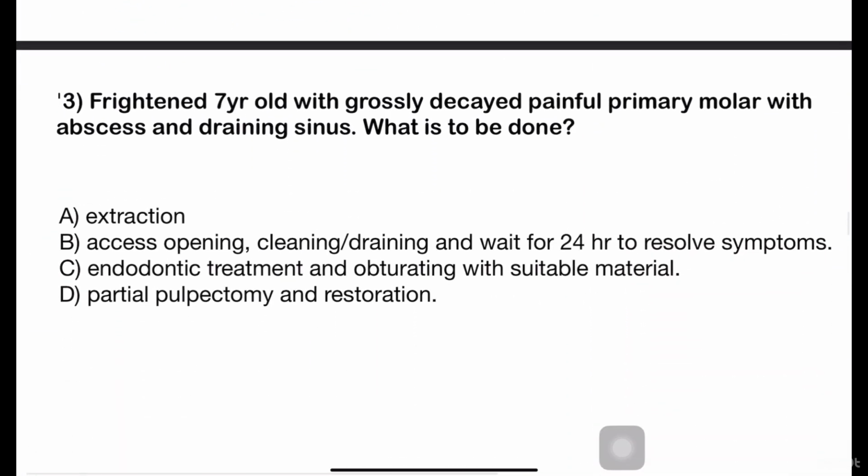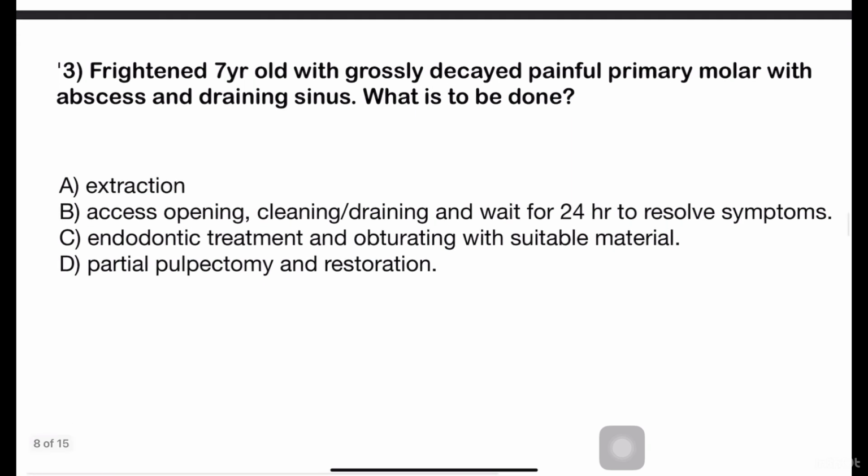Next, a frightened 7-year-old with a grossly decayed painful primary molar with abscess and draining sinus. What is to be done? The options are: extraction, access opening, cleaning, draining and wait for 24 hours to resolve the symptoms, endodontic treatment and obturating with suitable material, and partial pulpectomy and restoration.